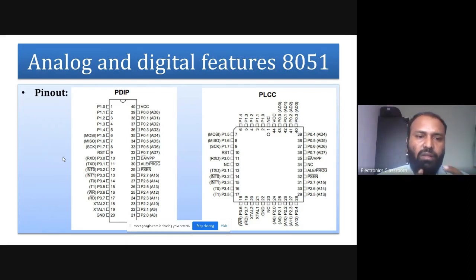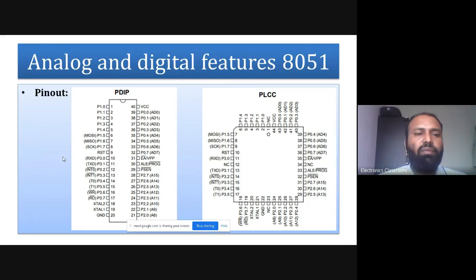So those pins have an internal hardware provision so that any unexpected event can be detected using them. There are two provisions for hardware interrupts, INT0 as well as INT1. An interrupt can be edge triggered or level triggered. We will discuss that later. But port 3 can be used as a simple IO as well as for interrupts.